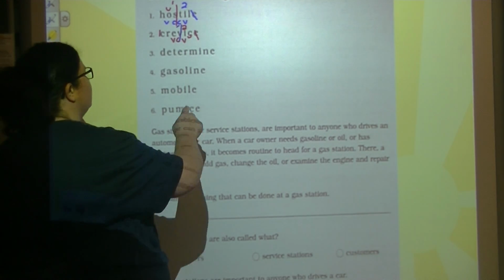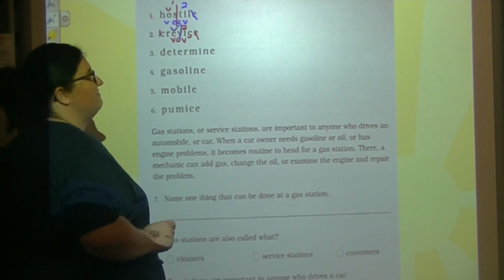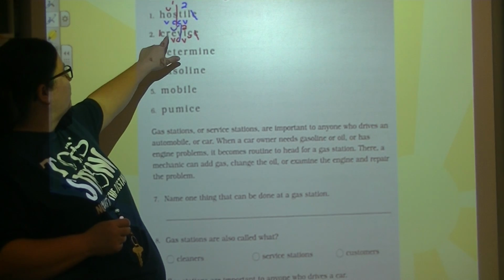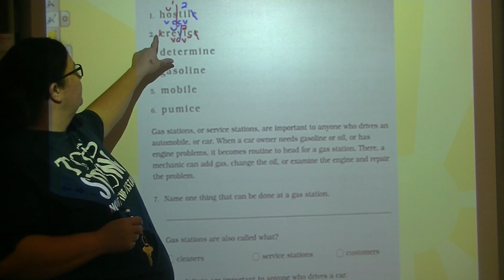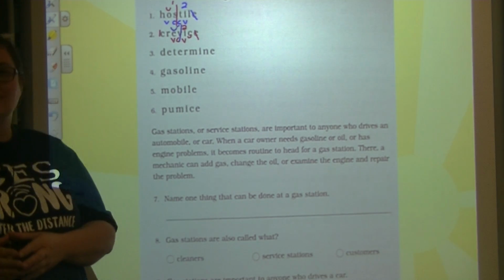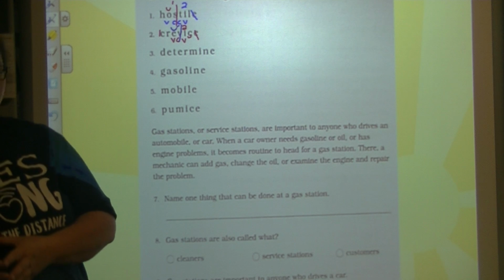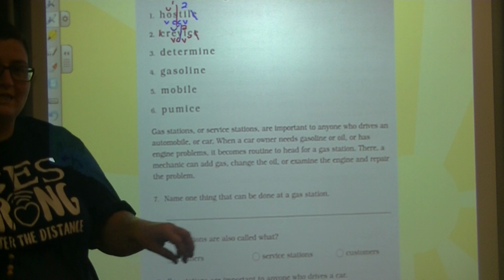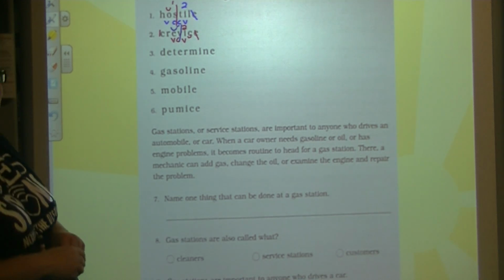Vowel followed by consonant is short. That's why we divided there, to keep it short. Now, crevice. Crevice is like a small crease-like spot. Crevice.